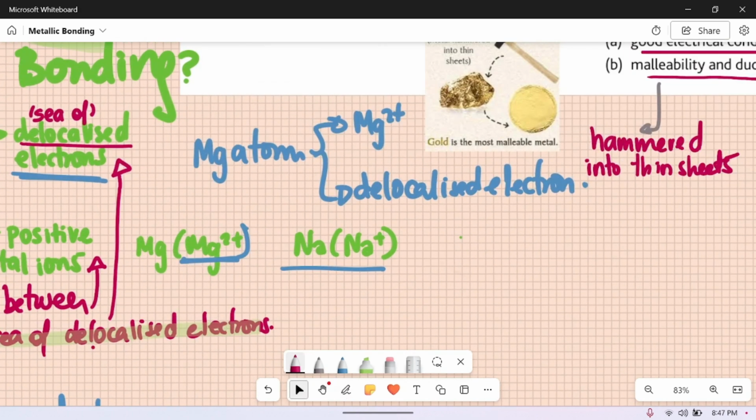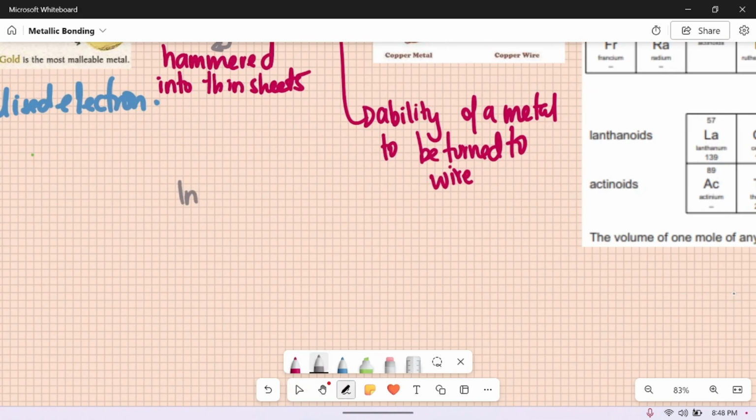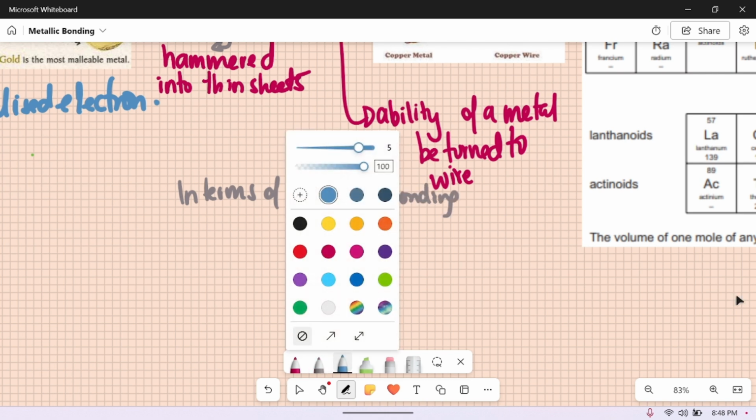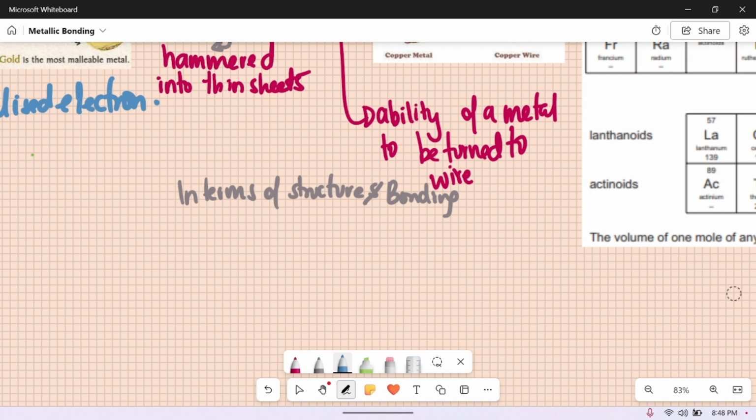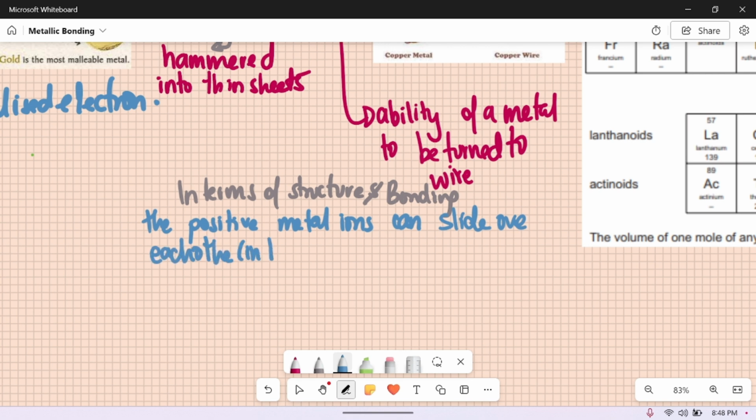In terms of structure and bonding, you want to talk about the metal ions, the positive metal ions, can slide over each other in layers, okay, without breaking bond.